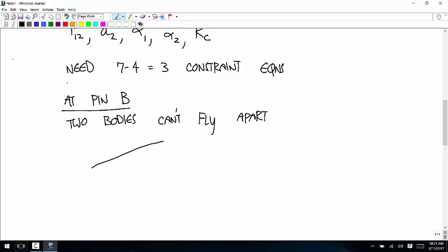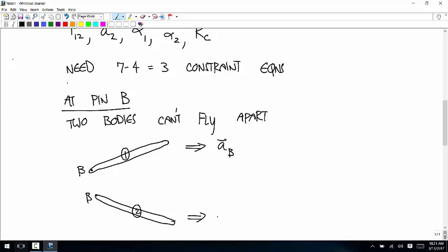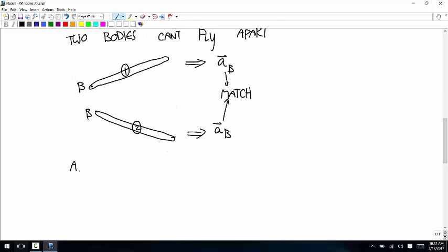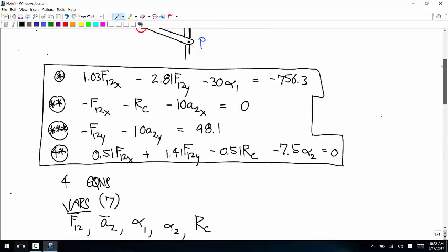In other words, if this is body 1, and that's B, and this is body 2, and that's B, if we use body 1 to calculate the acceleration of B, and we use body 2 to calculate the acceleration of B, those accelerations have to match.